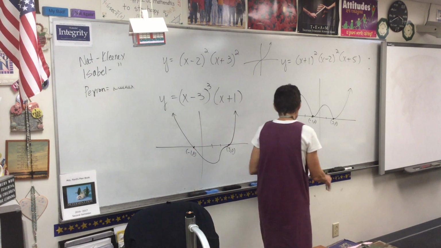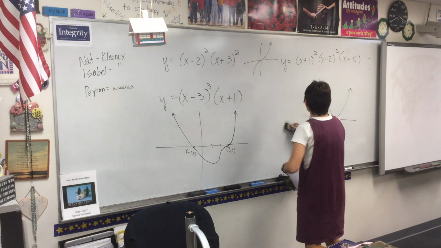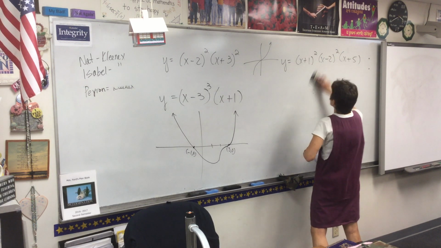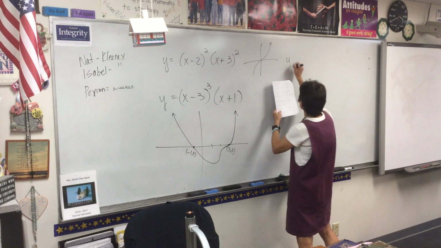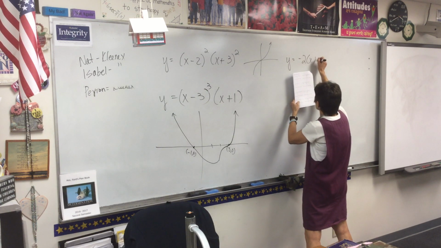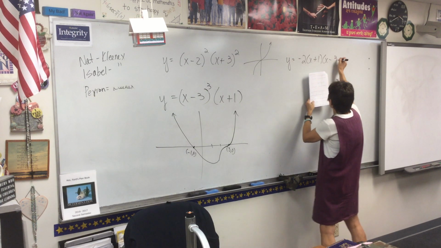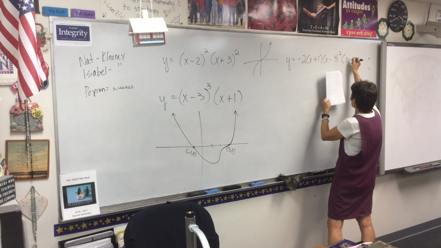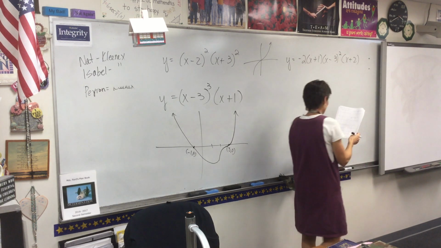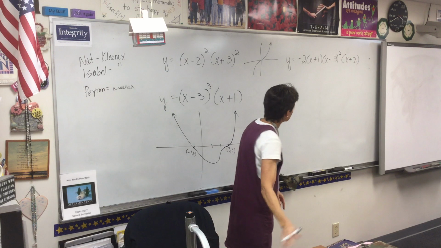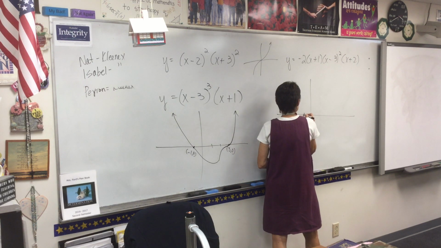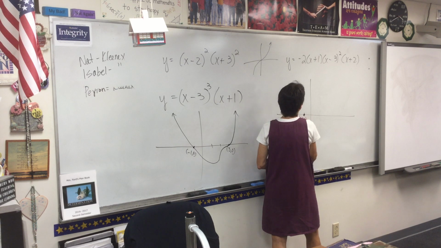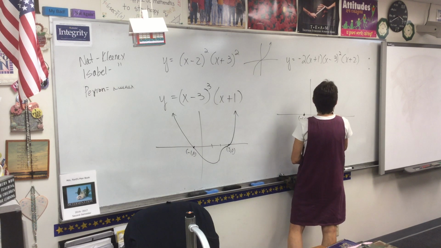All right, let's take a look at G. Okay, here we are at G. All right, so I can see that I have zeros at -1, 3, and at -2.